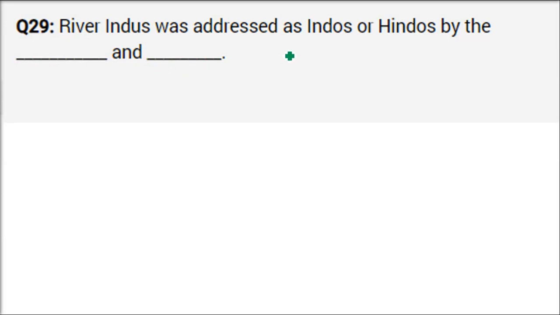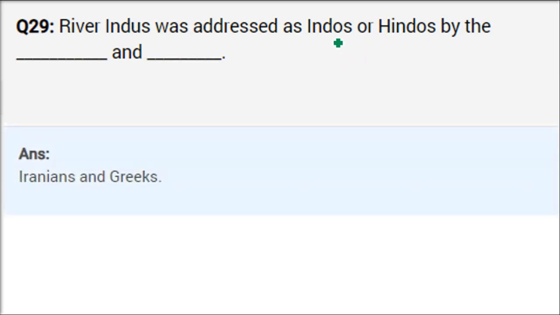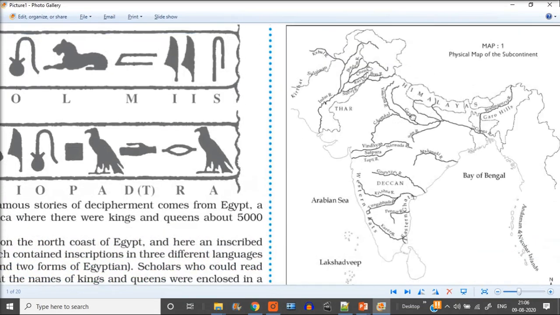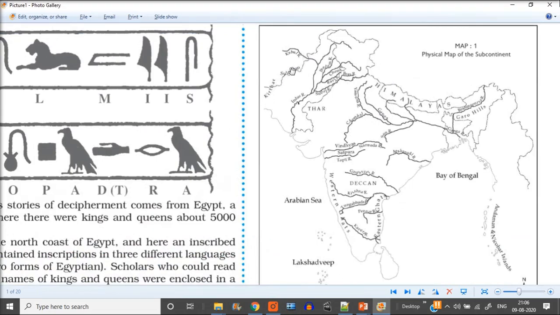The River Indus was addressed as Indos or Hindus by the Iranians and Greeks. I'll show you the place. Here, this is the area. So the border of Pakistan is with Iran.